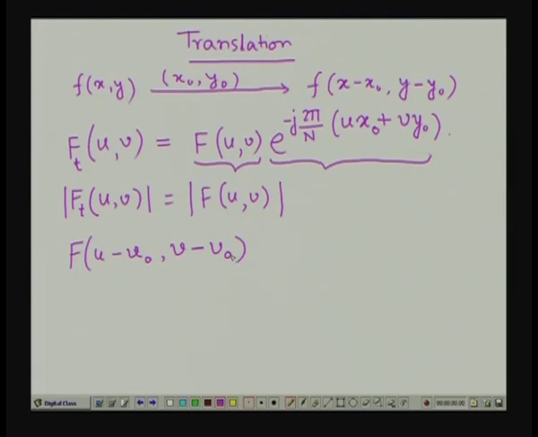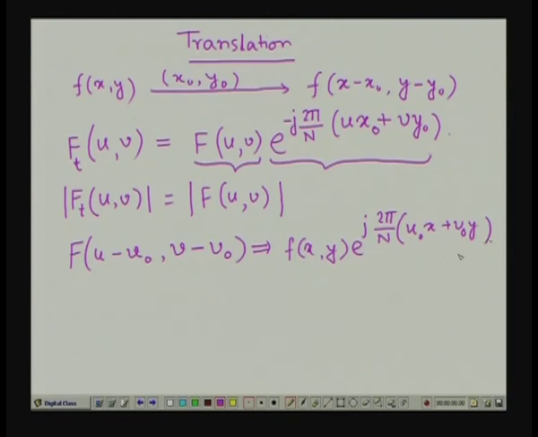And if I take the inverse Fourier transform of this, the inverse Fourier transform will be f(x,y) into e to the power j 2 pi by N (u naught x plus v naught y).